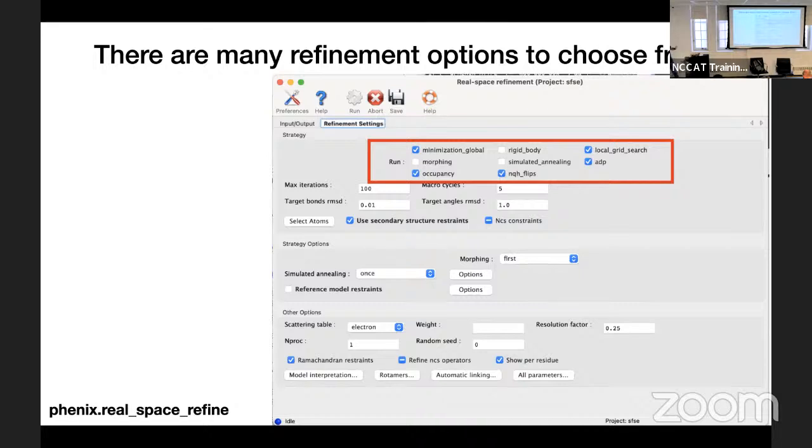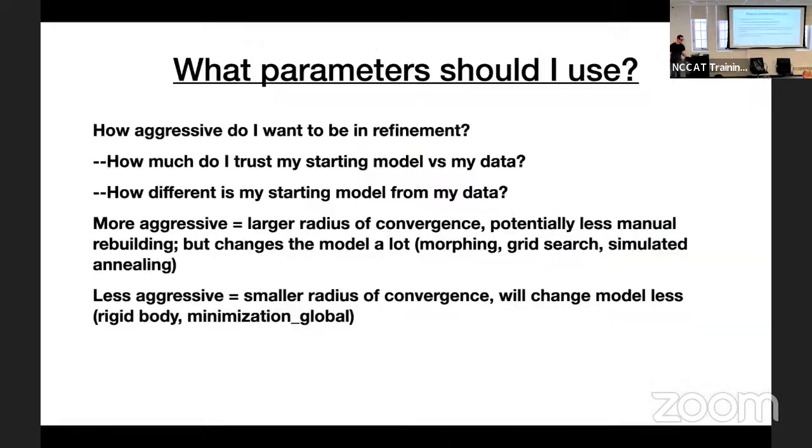So anyway, that kind of gets us to the next thing I want to talk about, which is which of these parameters should you use at which stages of refinement? Because refinement and manual model building are an iterative process. It's not like you will build your model in COOT and then do refinement once and it's done.